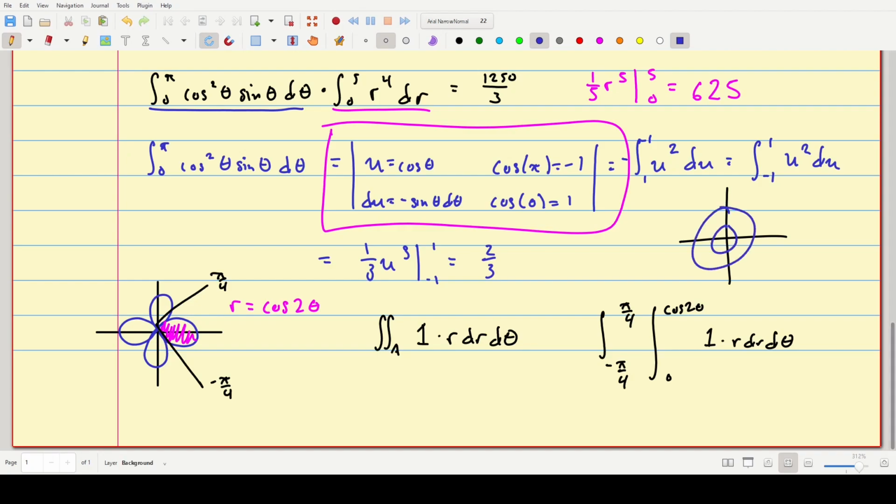If I have an annulus, it starts at the interior part of the annulus and then goes to the edge. So there would be an R1, which is the bottom part, and an R2, which is the outer part. Okay, so when R is 0, it means that we're all the way at the origin. Do you have a question? Yes.